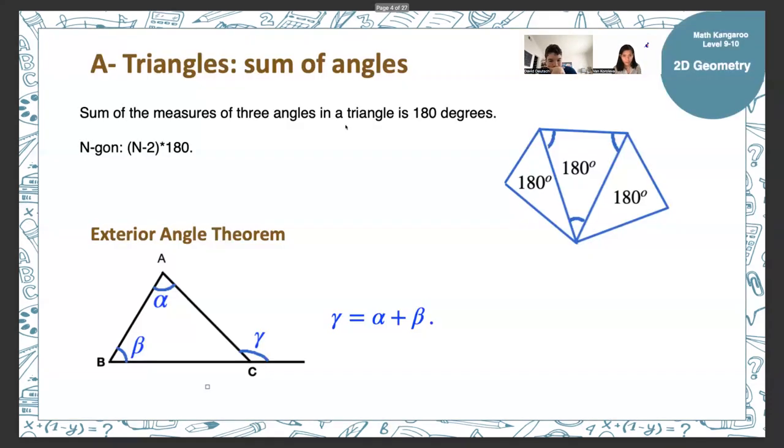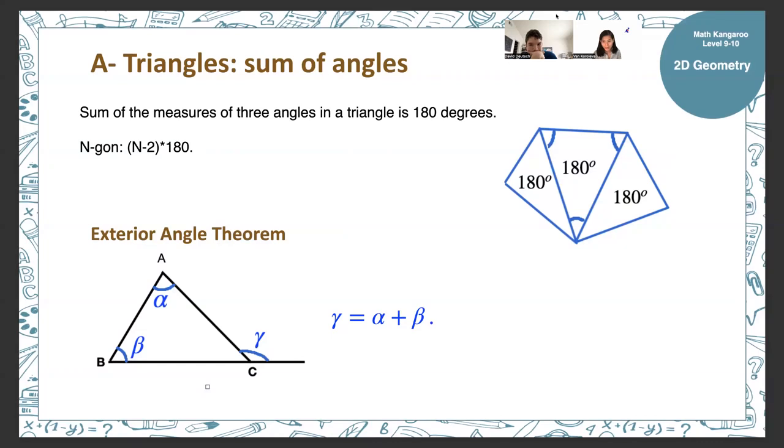So for triangles, the most basic theorem is the sum of angles in a triangle is 180 degrees. And if you have a polygon, you just divide it into smaller triangles, right, and sum up the angles. Then this theorem is very straightforward, but super useful.